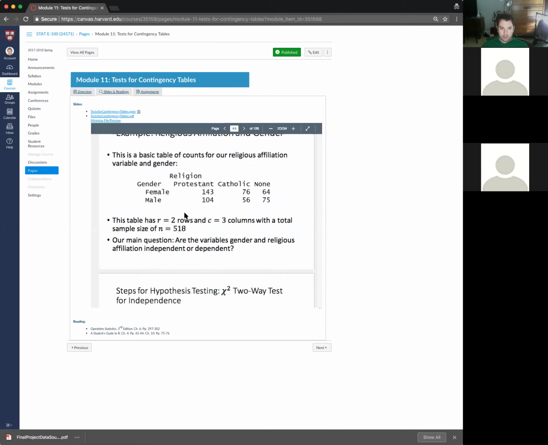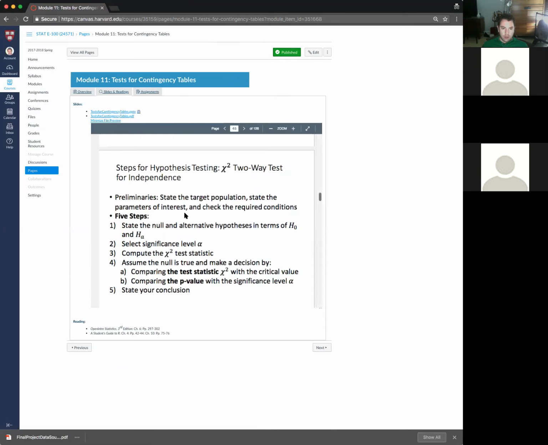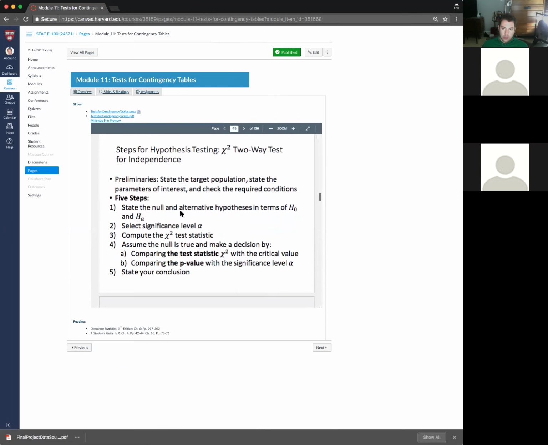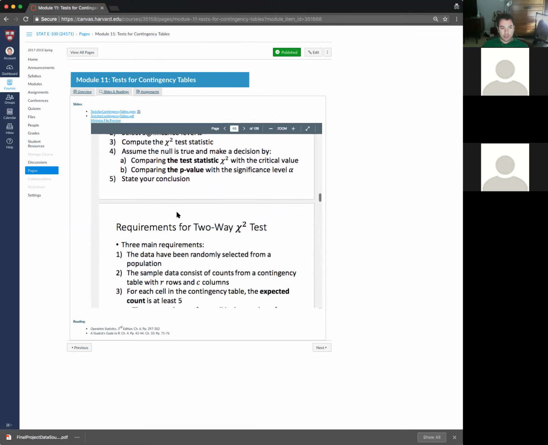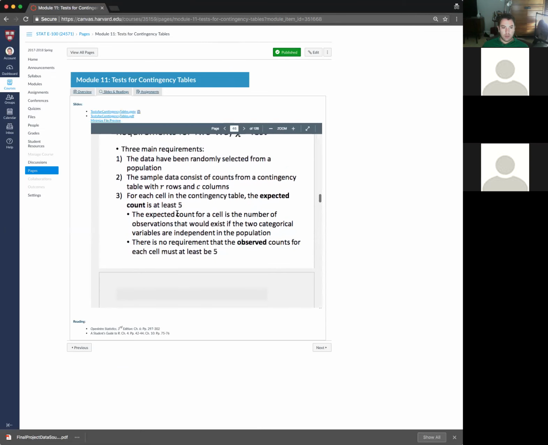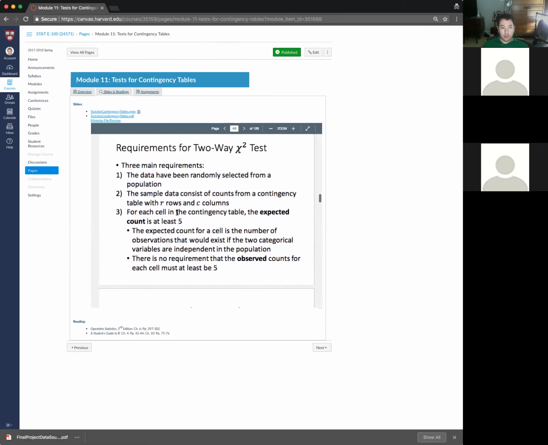So let's find out. So we're going to do a hypothesis test. Again, we have to state our null and our alternate hypothesis, select a significance level, and compute the test statistic, and then we'll make a conclusion, okay?